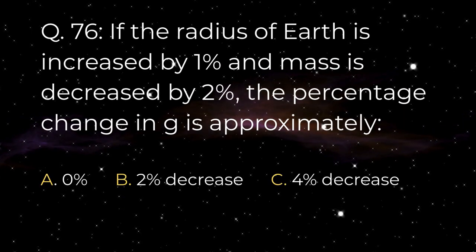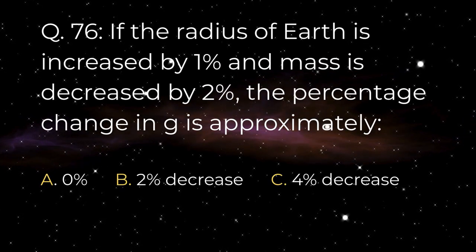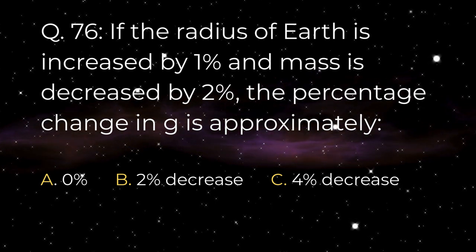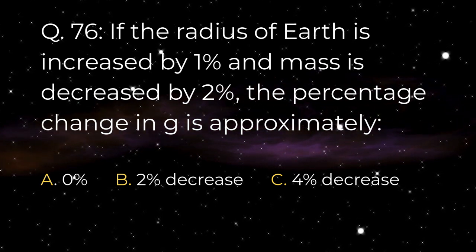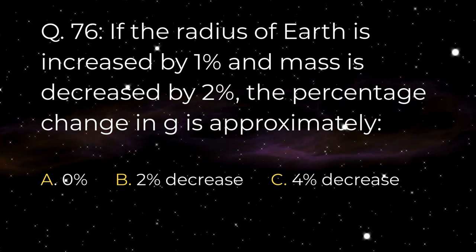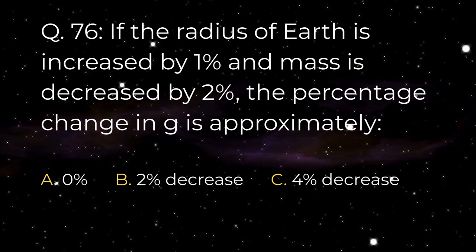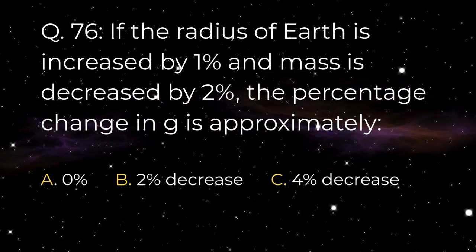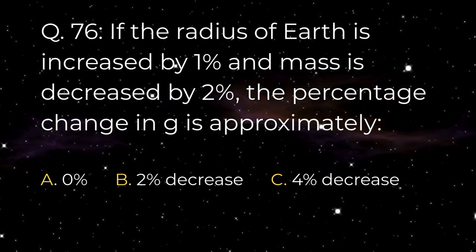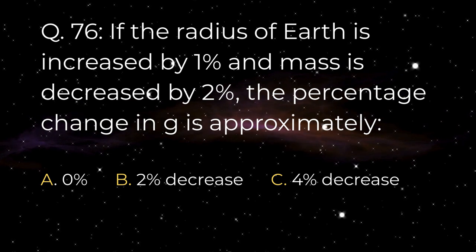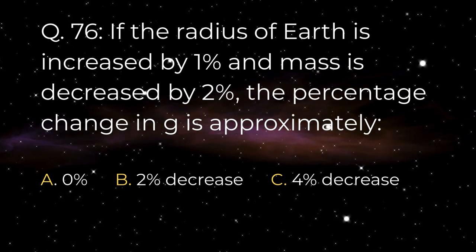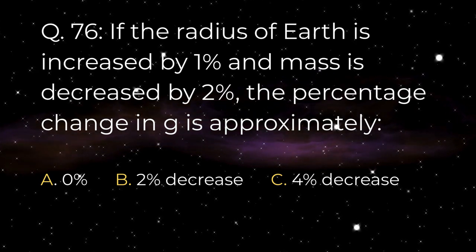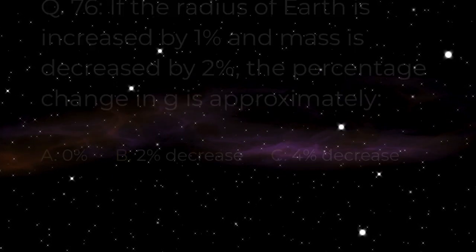Question 76. If the radius of Earth is decreased by 1% and its mass is decreased by 2%, the percentage change in acceleration due to gravity is approximately: option A, 0%; option B, 2% decrease; option C, 4% decrease.